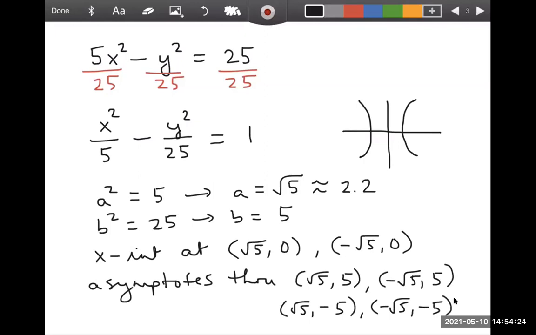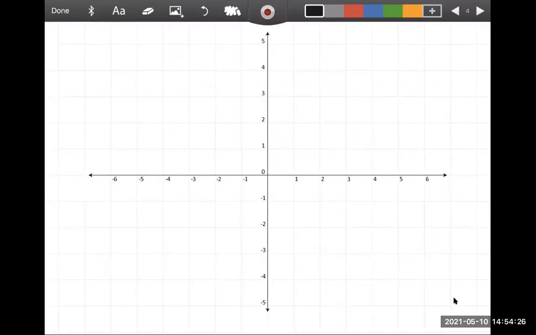All right, so let's see how that looks. So first, my x-intercepts are going to land right about here and here. And then the corners of my rectangle are going to be here, here, here, and here.